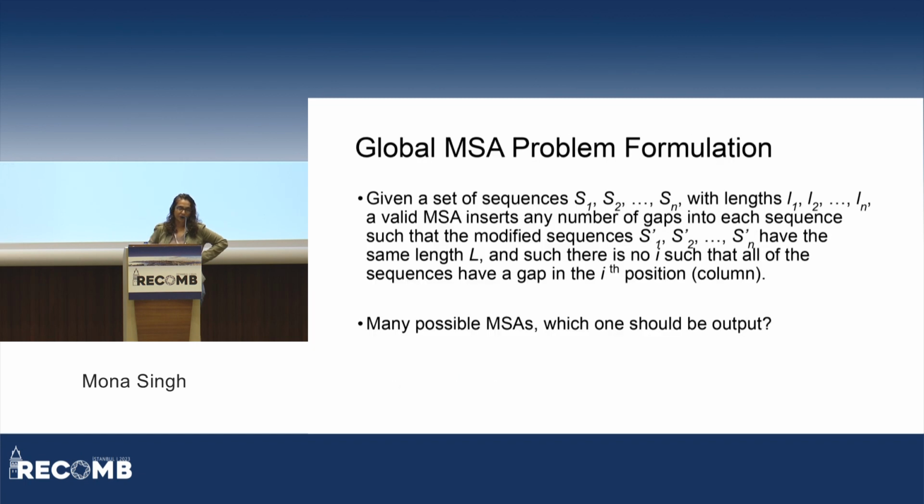Since we're computer scientists, I'll remind you what the overall formulation of a multiple sequence alignment is, and we're talking about global multiple sequence alignments here. The problem is you're given a set of sequences, S1 through Sn, with lengths L1 through Ln, and a valid multiple sequence alignment inserts any number of gaps into each of these sequences such that the modified sequences, S'1 through S'n, all have the same length L, with the restriction that there is no i such that all the sequences have a gap in the ith position, and this ith position corresponds to a column in the multiple sequence alignment that you build.